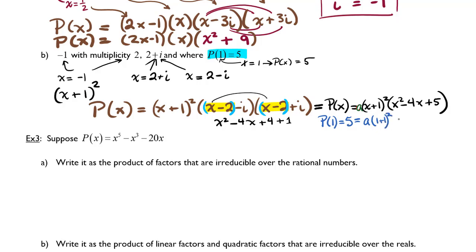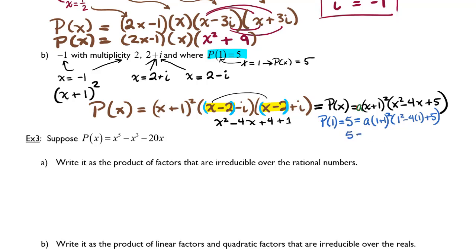And I'm just substituting 1 into the function, so now I have a times 1 plus 1 squared times 1 squared minus 4 times 1 plus 5, which will give me 5.